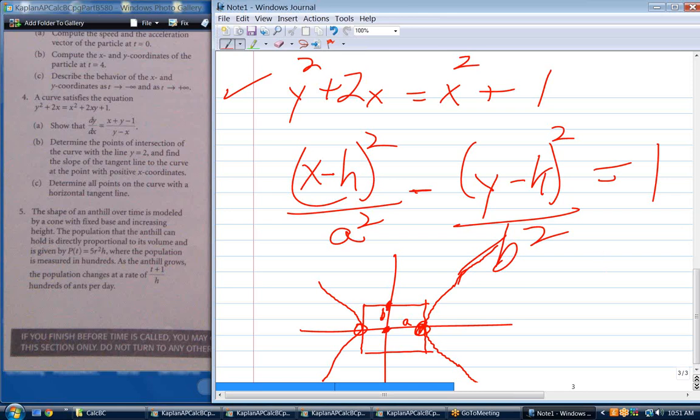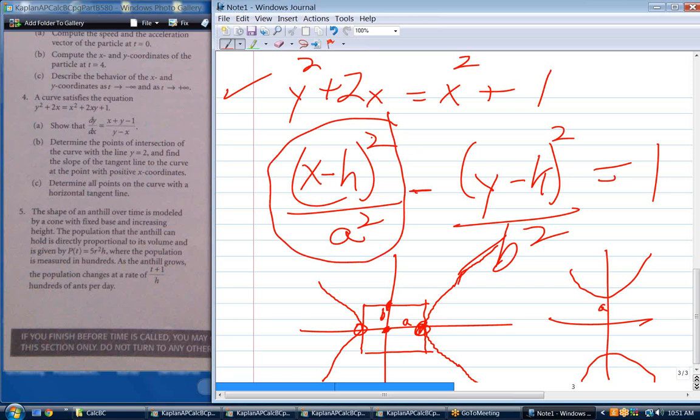If it's a vertical one, then would it be y minus k minus x minus h, like that? In other words, if the x squared has the positive sign, it's a horizontal hyperbola. If it's y squared minus x squared, it's a vertical hyperbola.